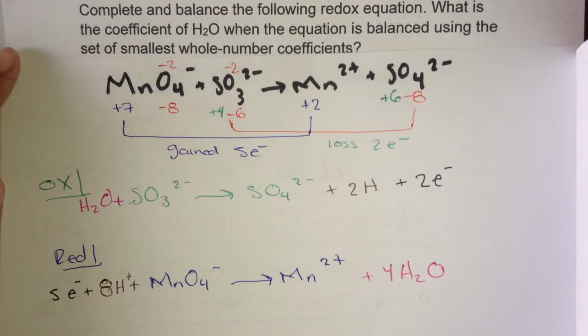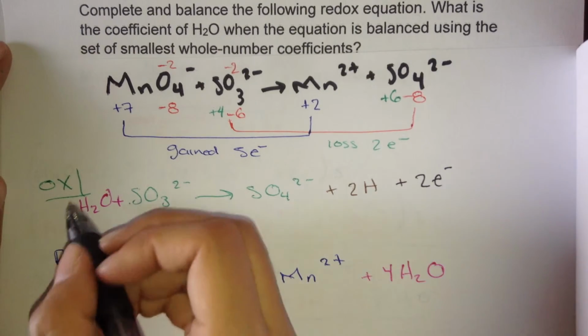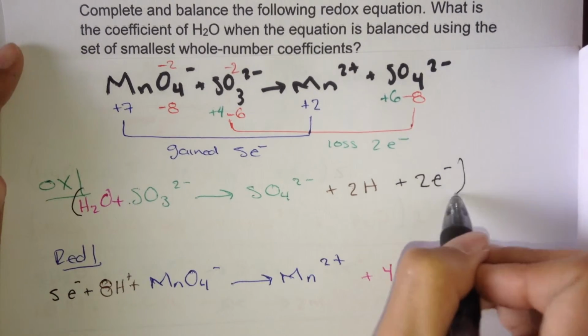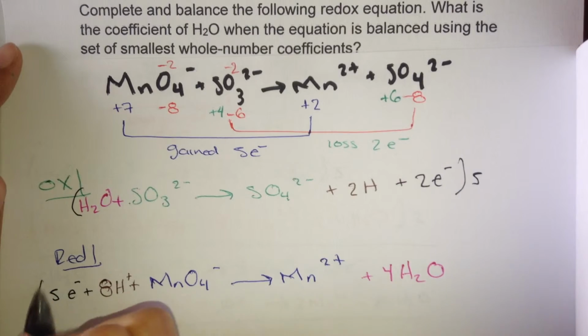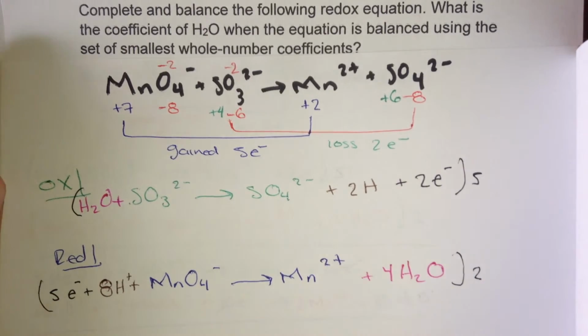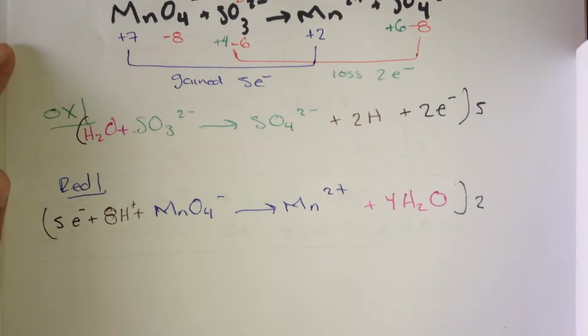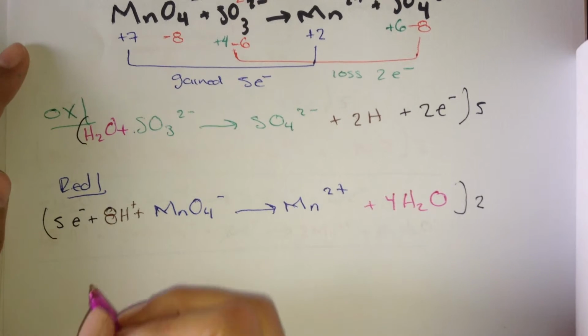Now that our reactions are balanced, we have to make sure that our electrons are the same quantity. So we multiply this equation times 5 and this equation times 2, which makes our half reactions look like this.